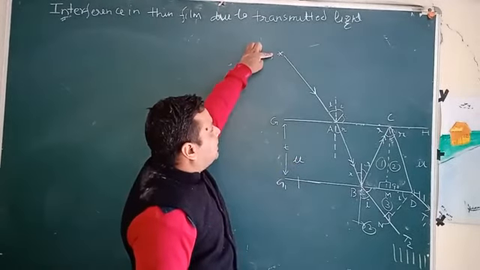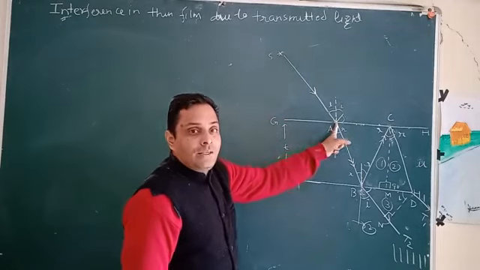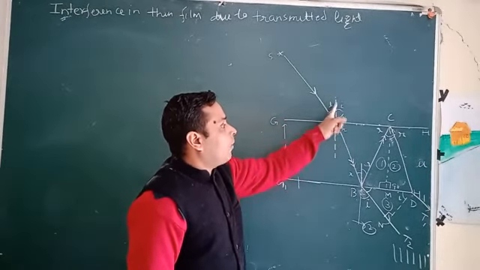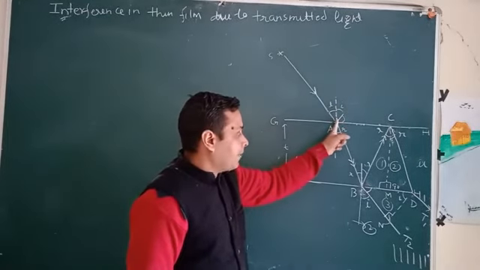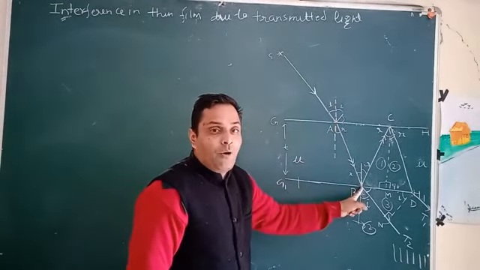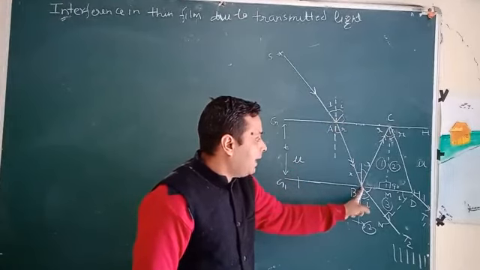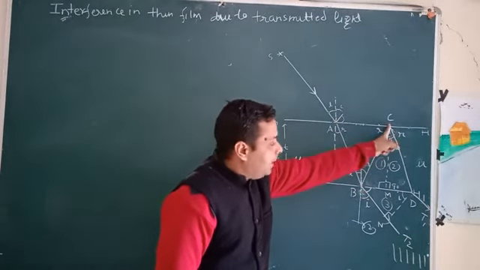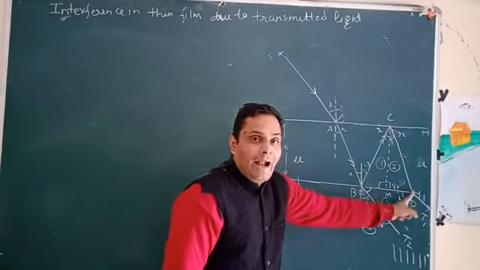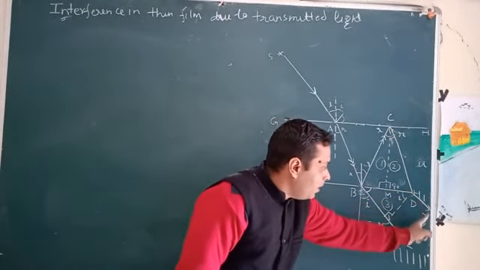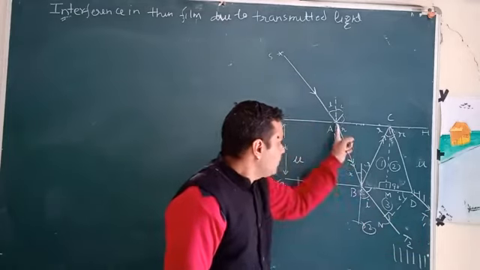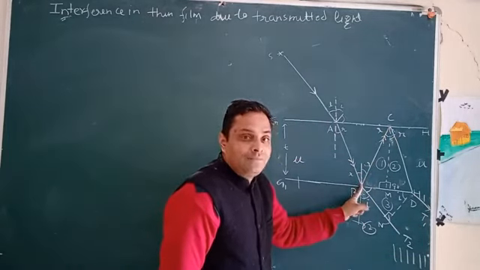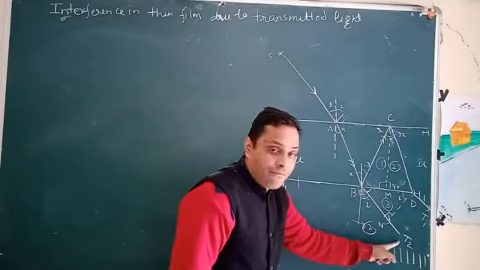Light is incident on the upper surface of the thin film at angle i from the normal, and it is refracted and incident upon B. Again it is reflected to C and incident upon D and then goes away from the normal, that is T1. The same process happens, partially transmitted and partially reflected.